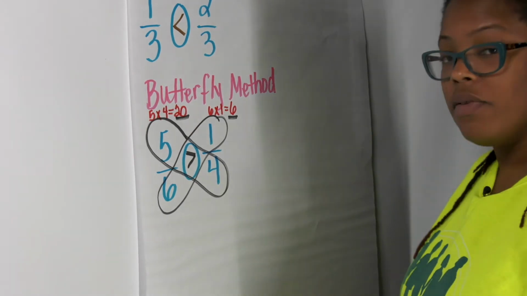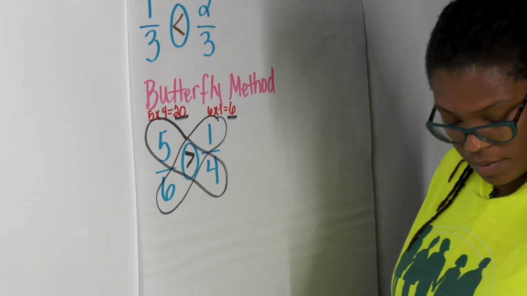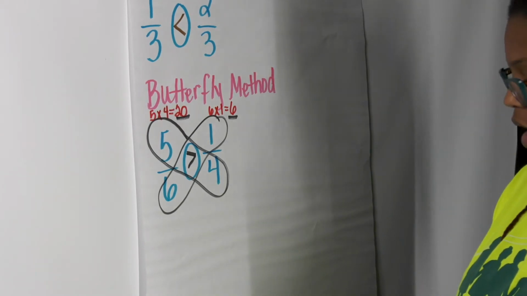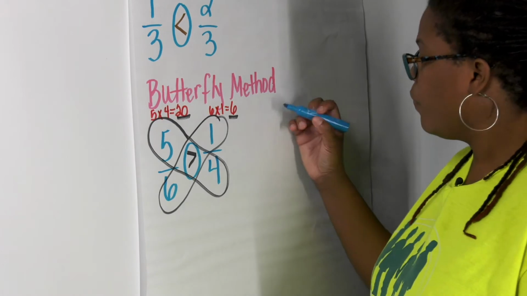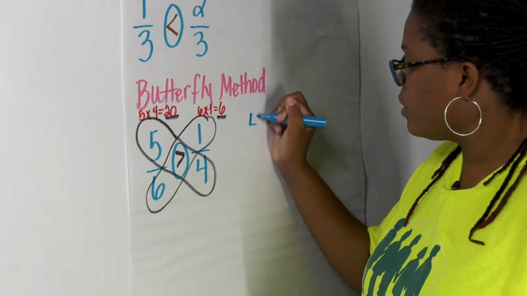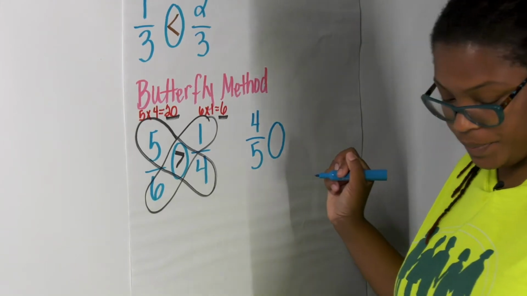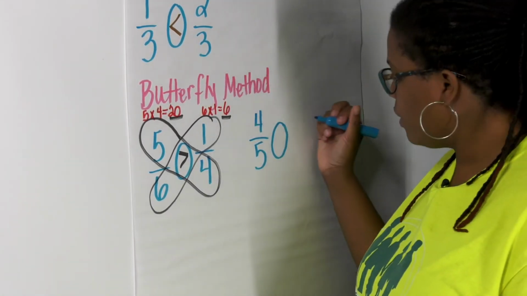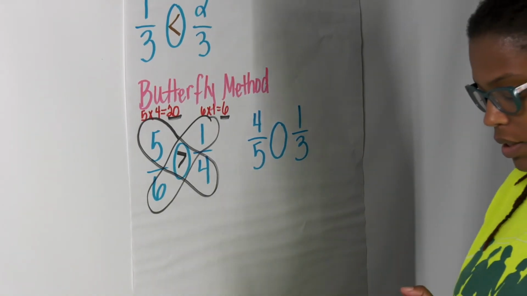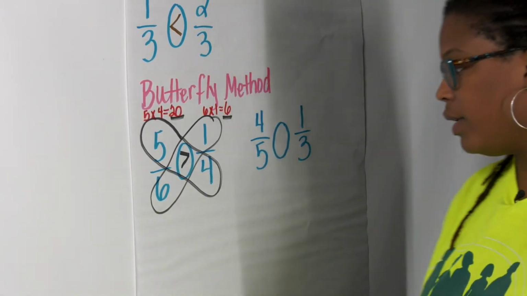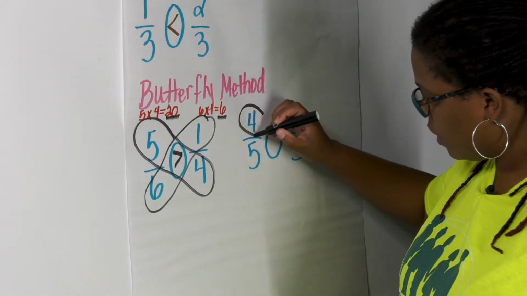So let's do about 4 more examples using the same method. All right, the next fraction that we're going to compare is 4/5 compared to 1/3. So you want to make your wings. Start with your top.